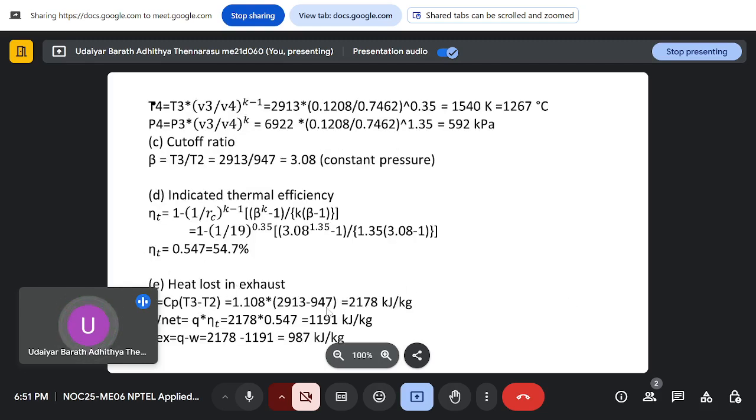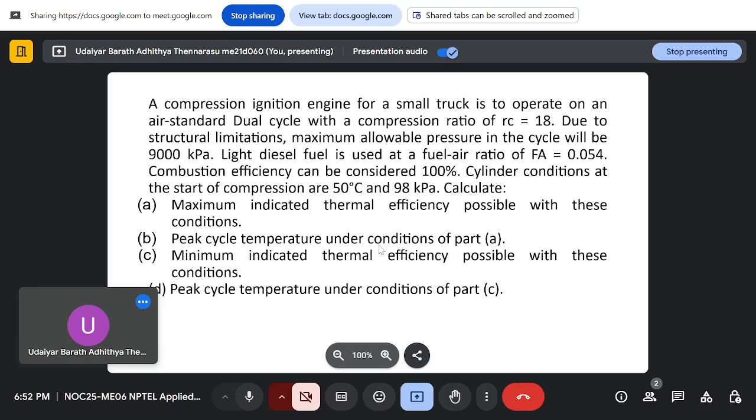So heat added comes out to be 2178, and the net work is 1191 kilojoule per kg. So heat rejected will be Qin minus W, which is 987 kilojoule per kg. So that is a problem on the diesel cycle.